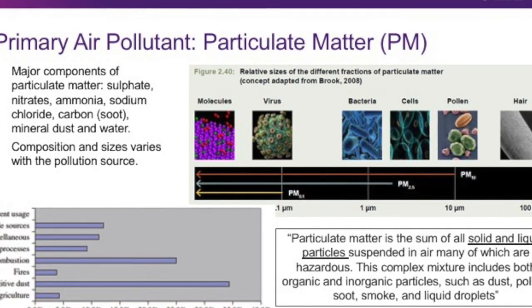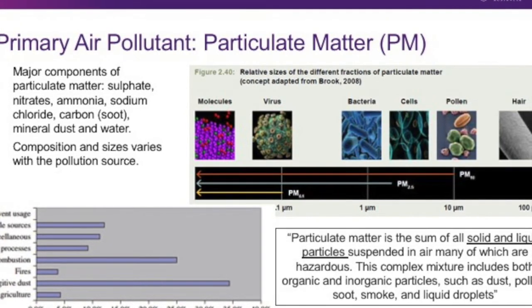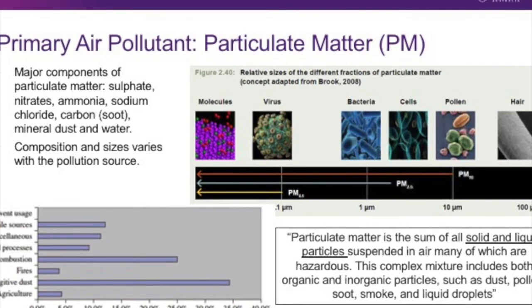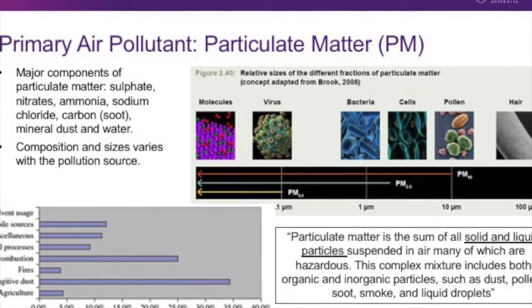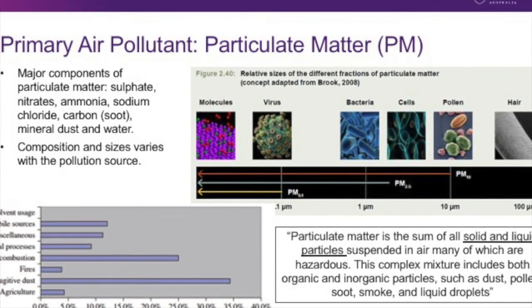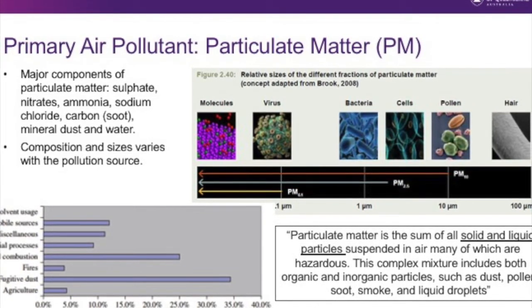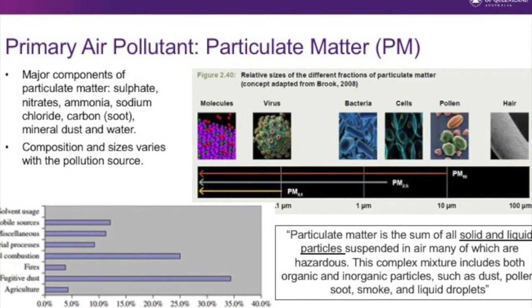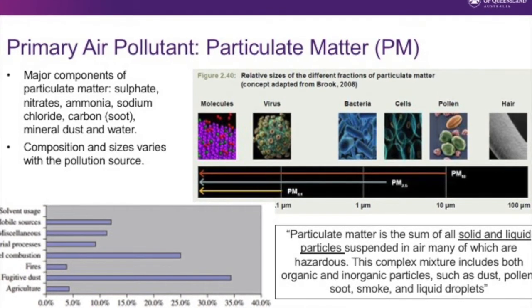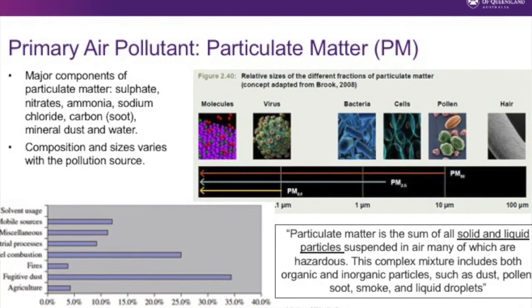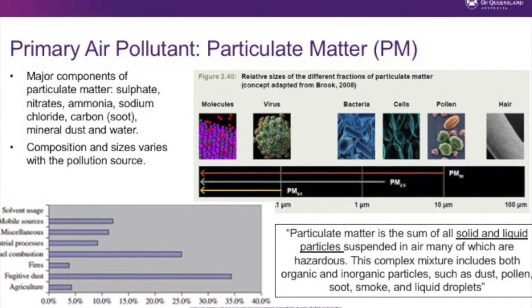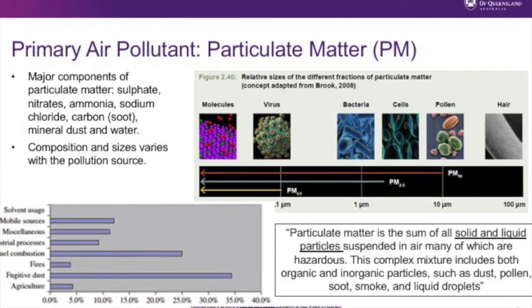But what I'm showing you here on this figure is that this particulate matter is very small as compared to, for instance, a hair, and this can allow you to understand how easily it can enter your body and affect your health.